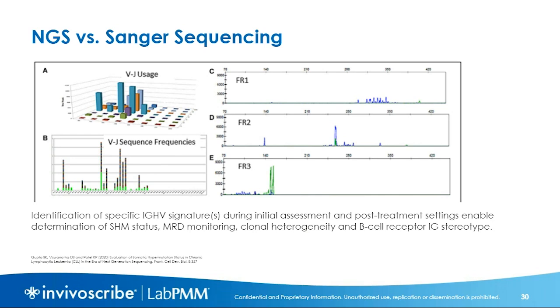Looking at the images in panel A and B, you see the VJ sequence frequencies by NGS, in contrast to a standard PCR assay in C, D, and E, which is not as versatile as NGS analysis, which provides even more sequence-specific information that can, in some cases, lead to a difficult interpretation of the results.